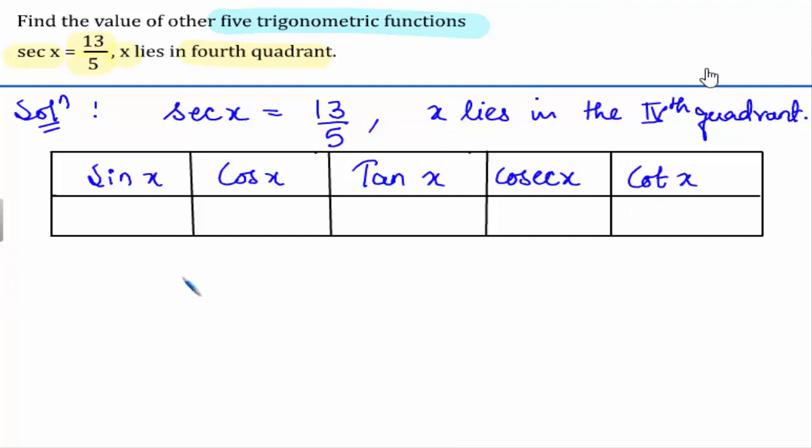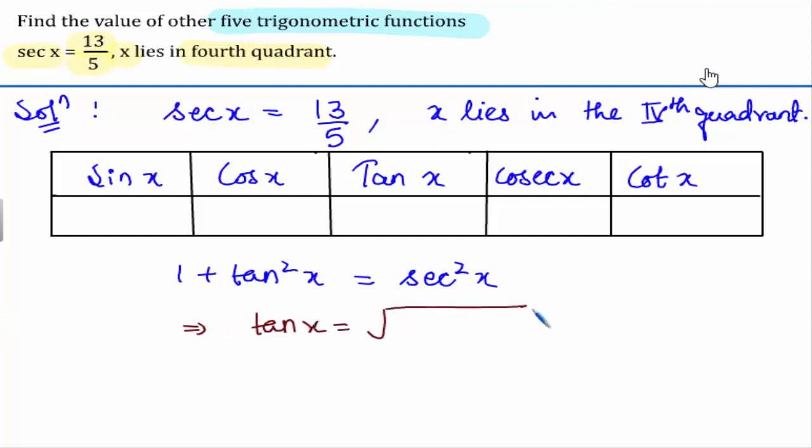Now we know that 1 plus tan square x is equal to sec square x. So this implies that tan x is equal to square root of sec square x minus 1.